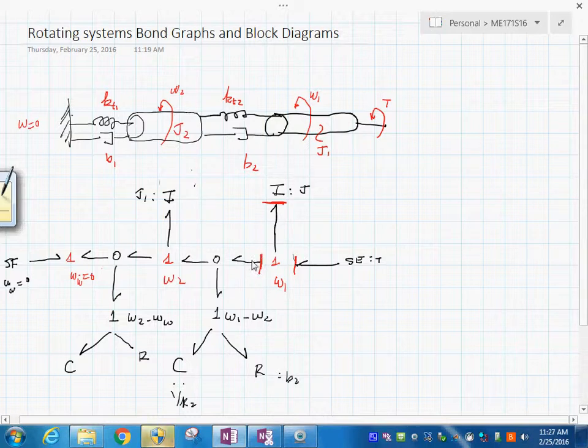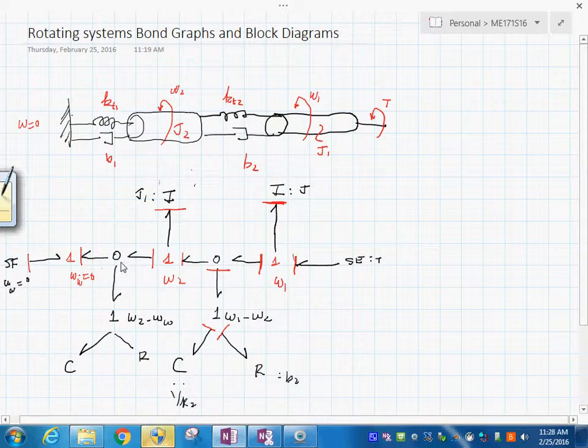And now you see what happens: you have two flows in here. This one needs an effort like this because a 0 junction needs one effort. The flow is in here and then makes the other two like this. You put the source of flow like this. That makes it like this, and this too. It forces this to be like that, and this flowing here, and forces these two to be like this.